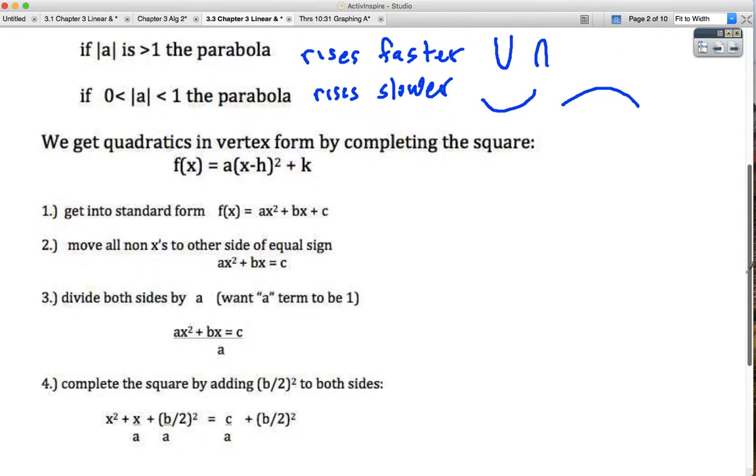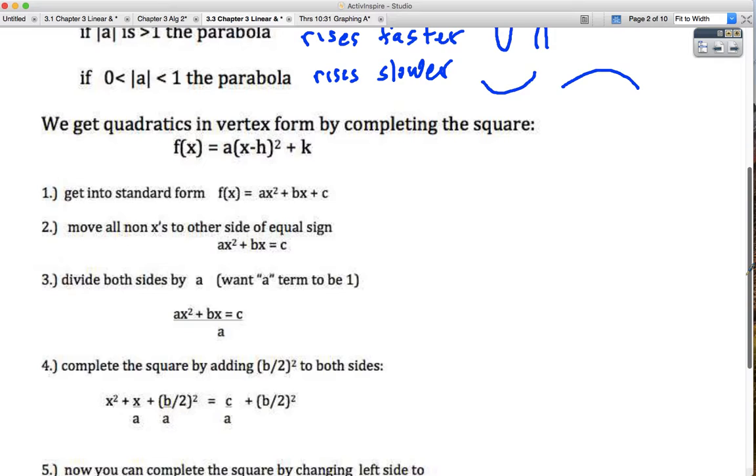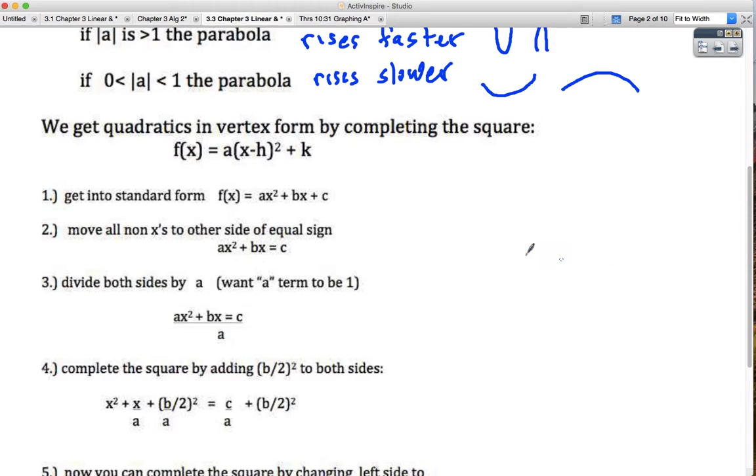So how do we get quadratics in vertex form? We usually end up having quadratics that are not in vertex form. If they are, then you're able to establish what the vertex is and reflect points on the axis of symmetry. Typically, we try to get quadratics into standard form and then turn them into vertex form.